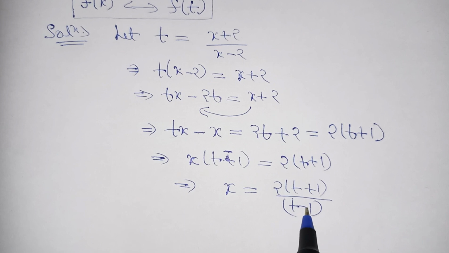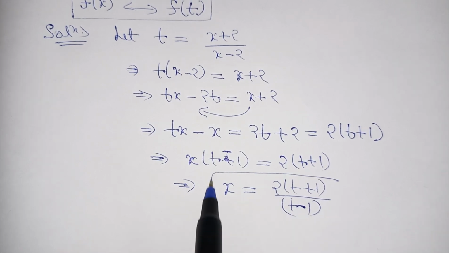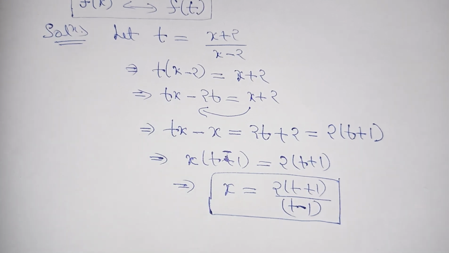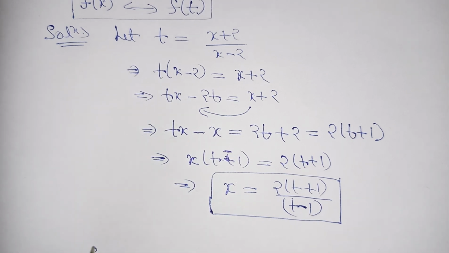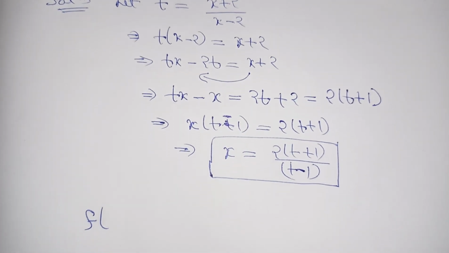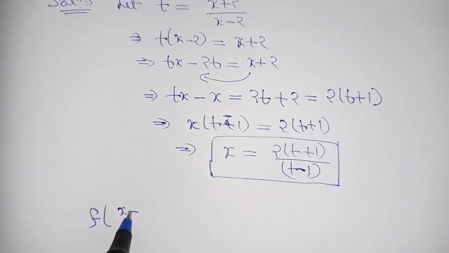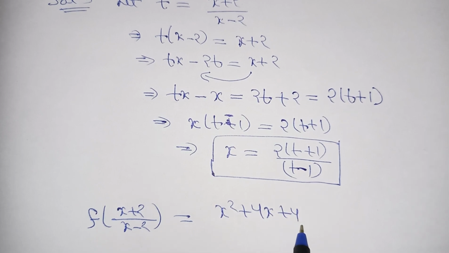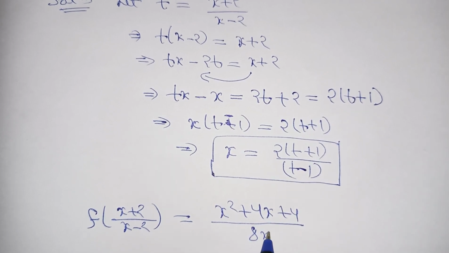Now we just substitute the value of x in terms of t, and then we get our answer in terms of t, f of t, and then we replace t by x, right? So we have f of (x plus 2) by (x minus 2) is equal to (x square plus 4x plus 4) by 8x.